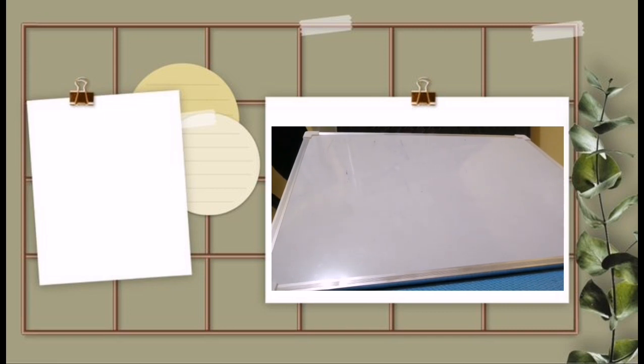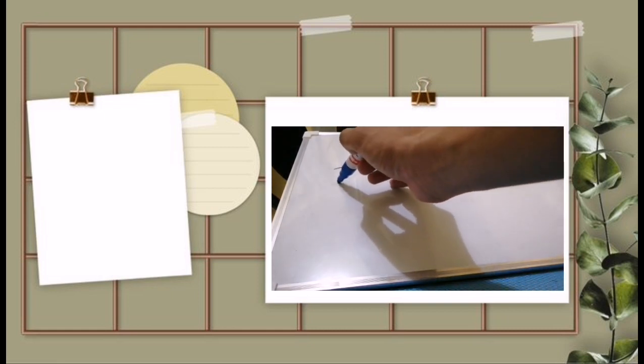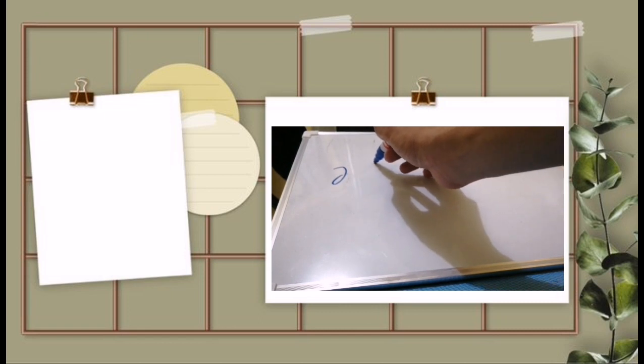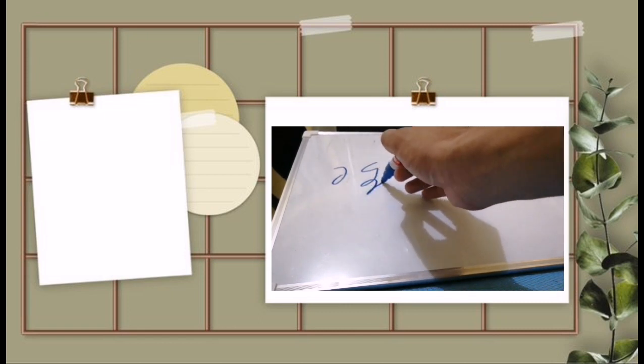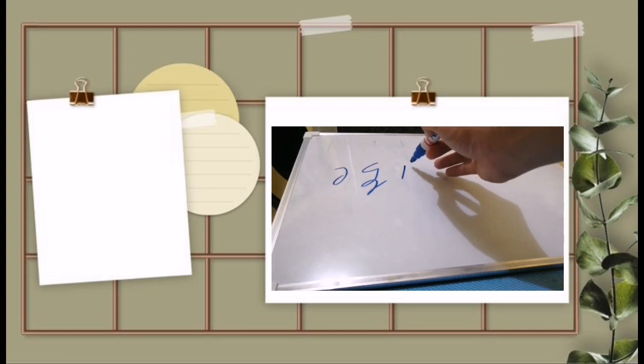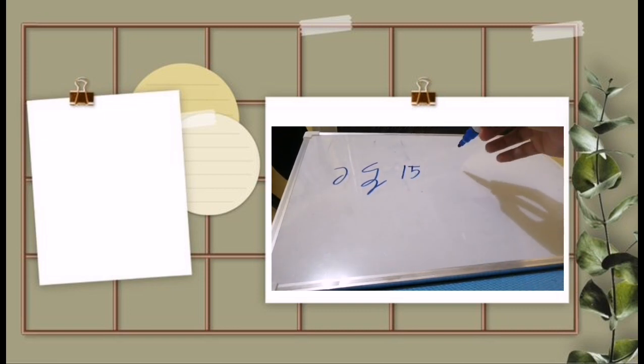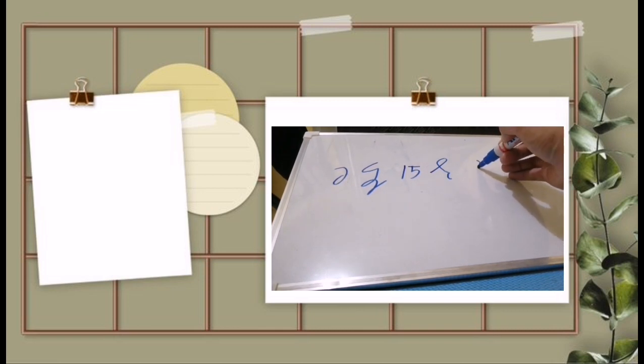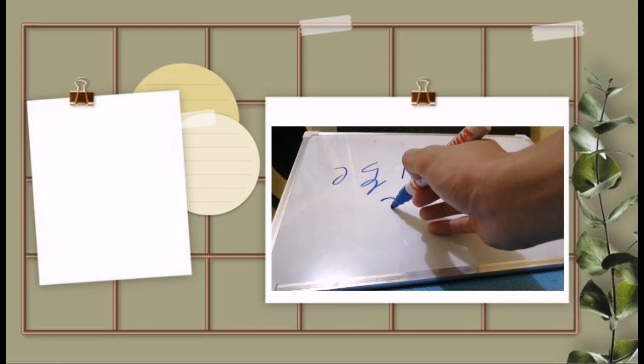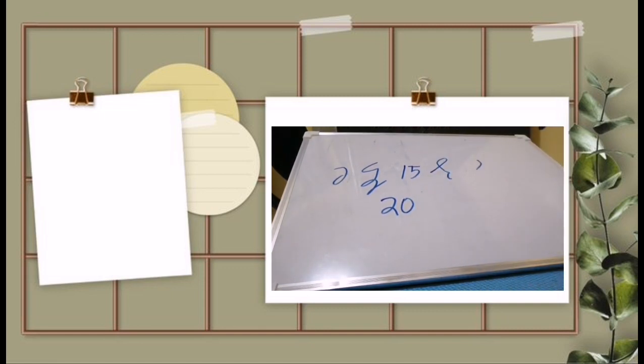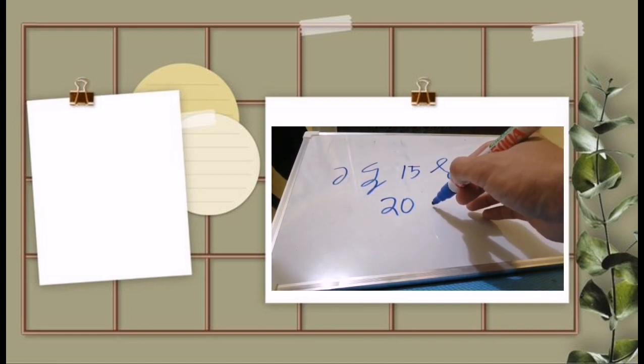And for our next sentence, we have, we purchased 15 tapes and 20 records. This is how we write it. We purchased, write the number 15 tapes and write the number 20 and the word records.